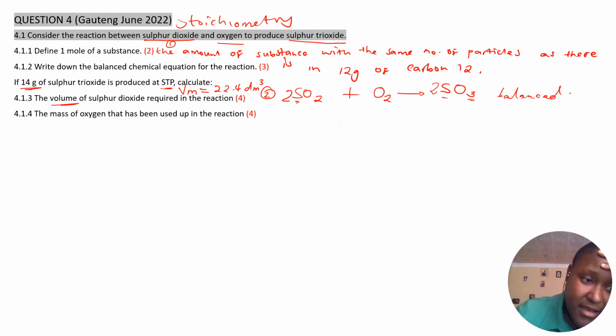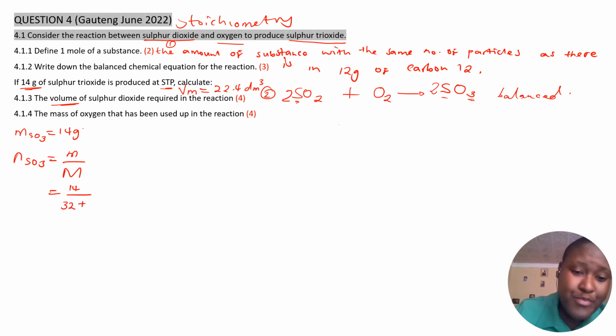You are given the mass of SO3, which is 14 grams. You are then able to calculate the number of moles of SO3. Number of moles of SO3 equals its mass over molar mass, which is 14 over sulfur is 32.